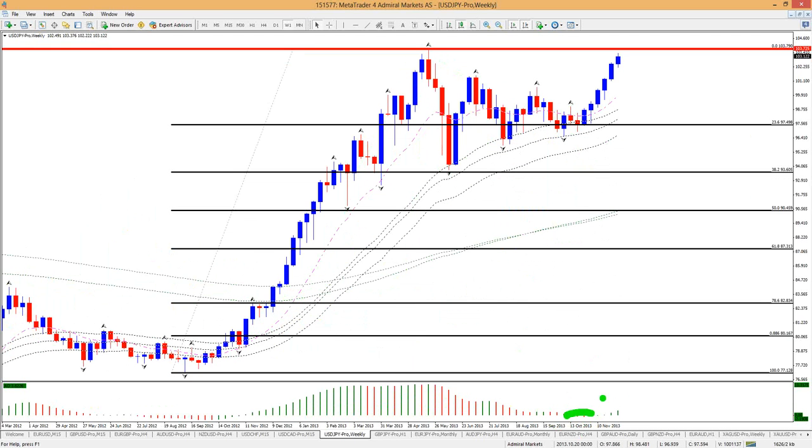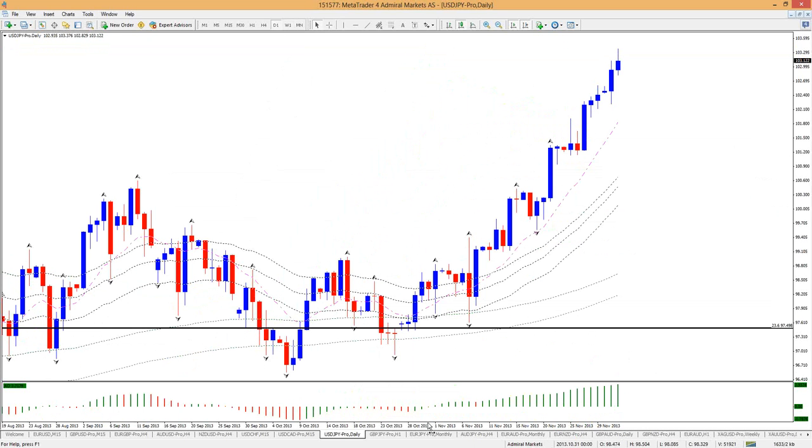And for those of you who have listened to the oscillator webinar, you know that once the AO is back to the zero line after a push up like this or down, and the oscillator has a very high reading, there is a strong likelihood that the retracement is finished, completed. So that's an important signal on the weekly.